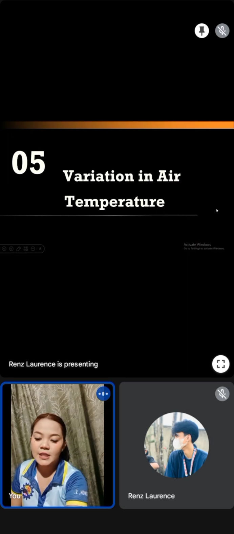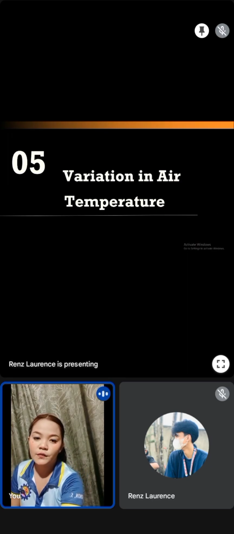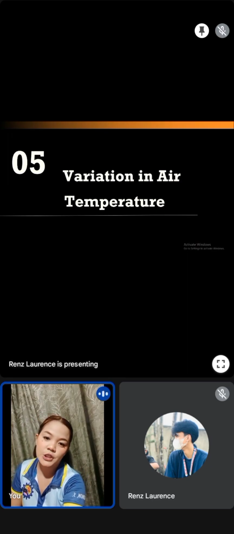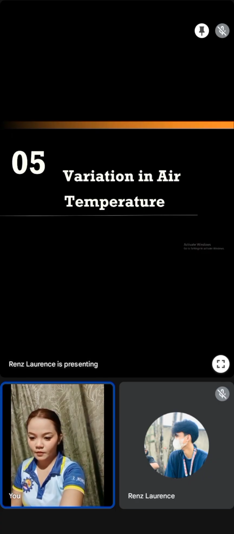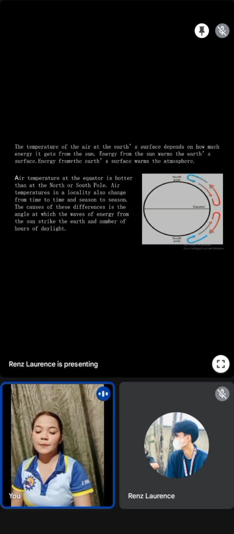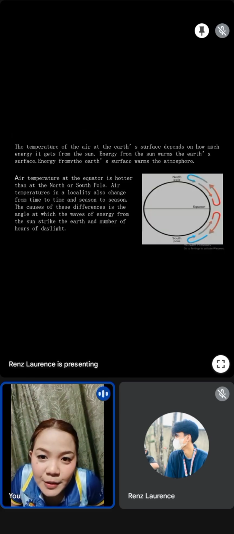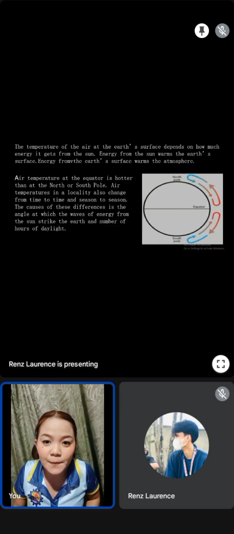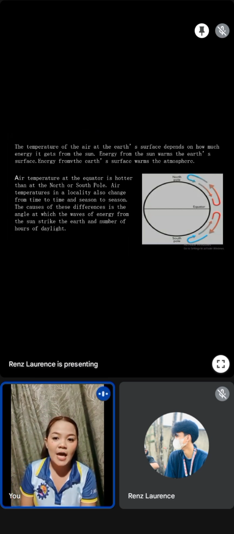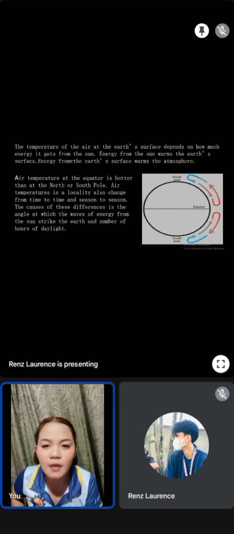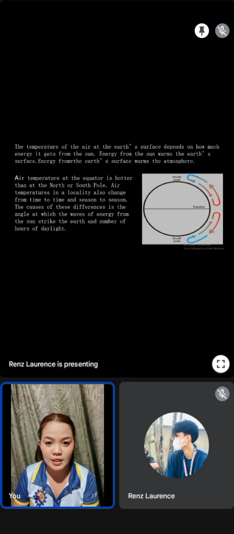So, at this point, we will move to the variation in air temperature. Air temperature is the temperature of the air at the Earth's surface. It depends on how much energy it gets from the sun.